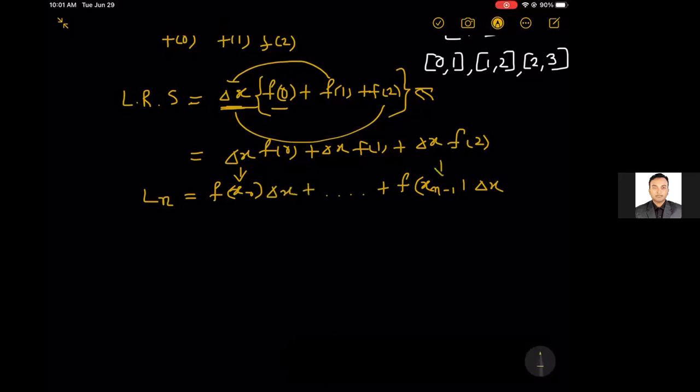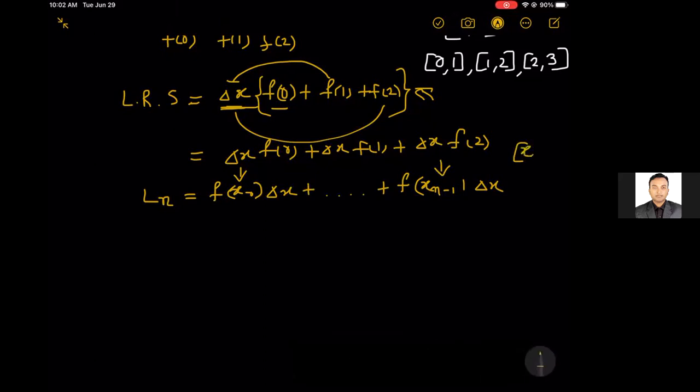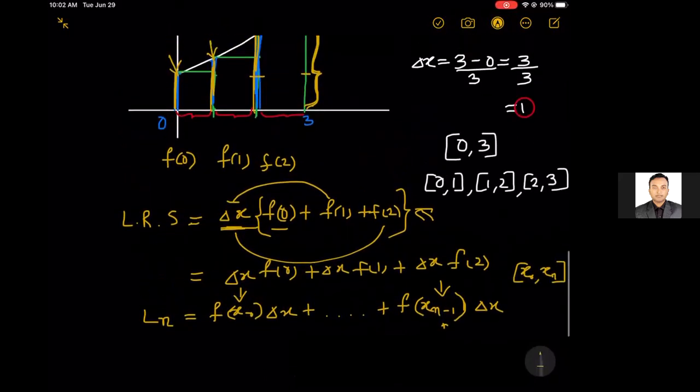Why is that x n minus 1? Sorry about that. This is actually x0 to xn. This is your interval. You might be wondering why this is n minus 1. You can clearly see the last functional value we need is f of 2, which is this. We don't really need the right end point of our main interval.